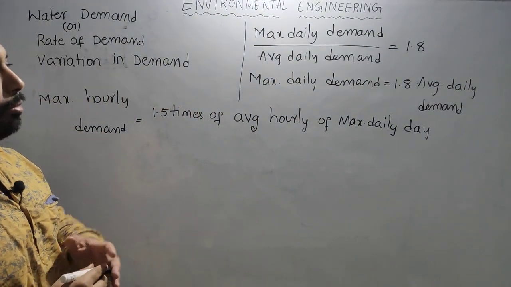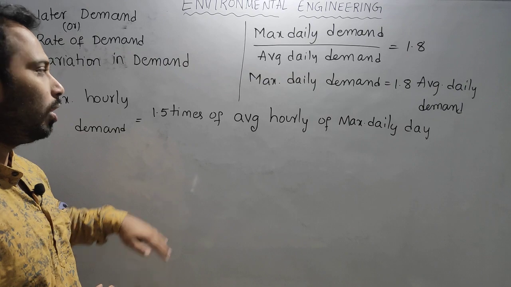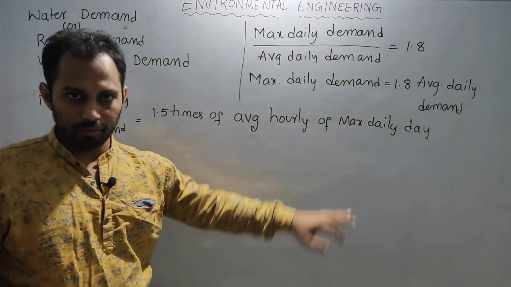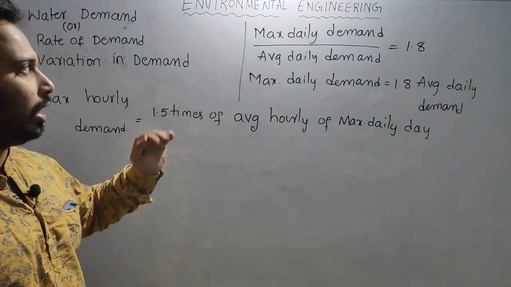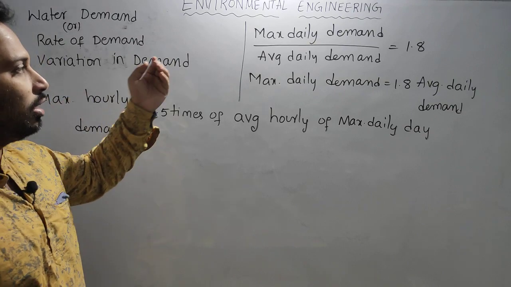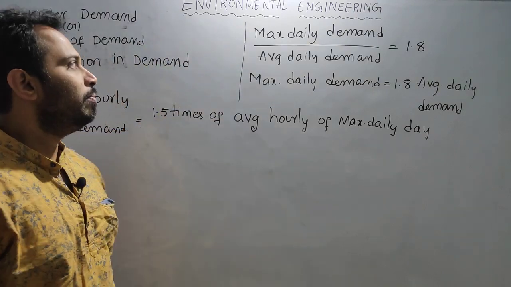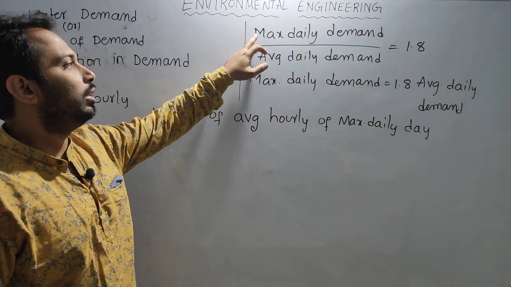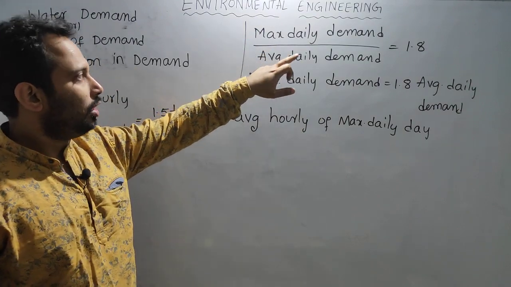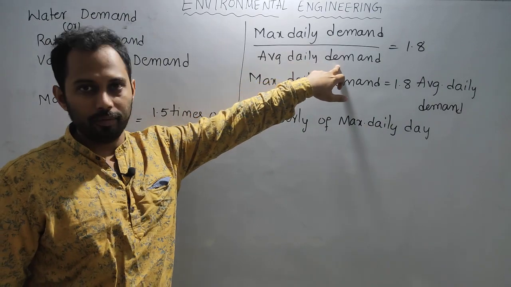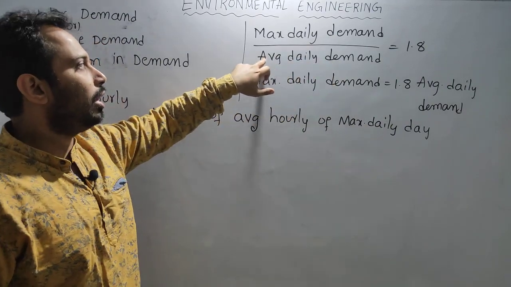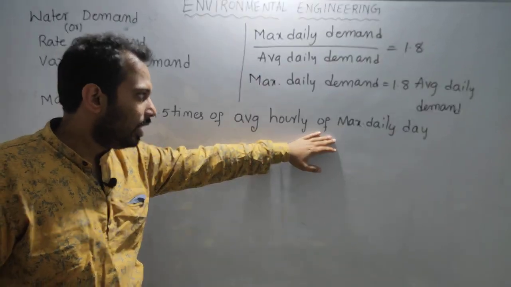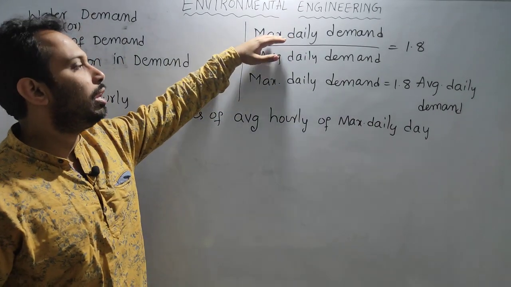On that maximum daily day, what is the average hourly? This is the average daily demand. On the maximum daily day, what will be the daily demand?